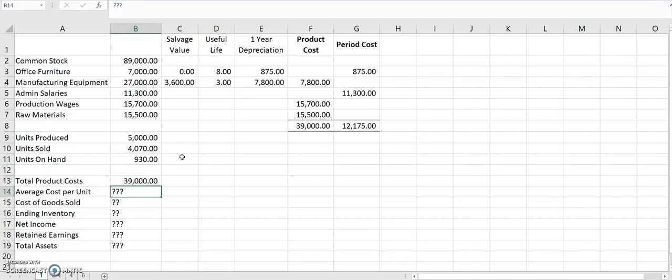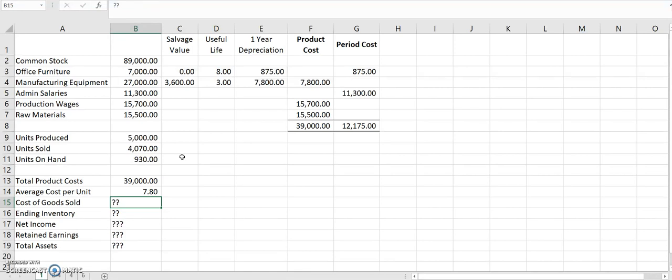So our average cost per unit is going to be our total product cost divided by the units that we actually produced. So for this given example, we're coming out to $7.80. Our cost of goods sold.